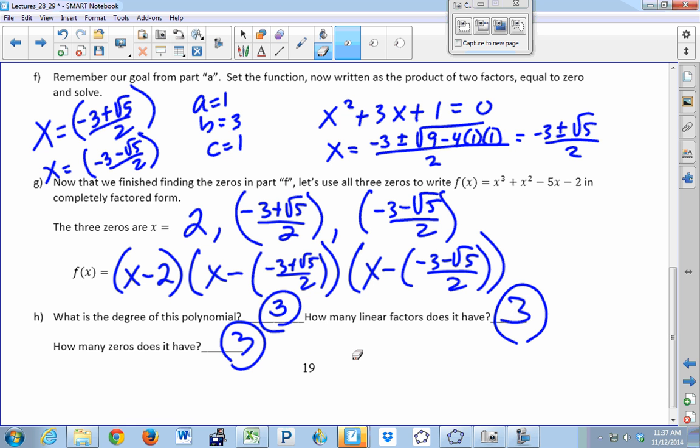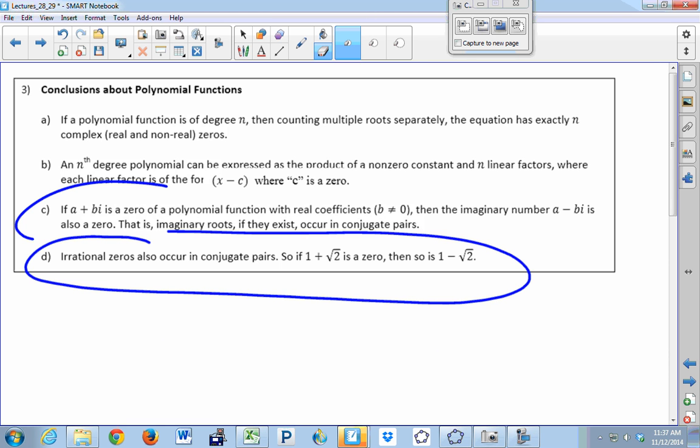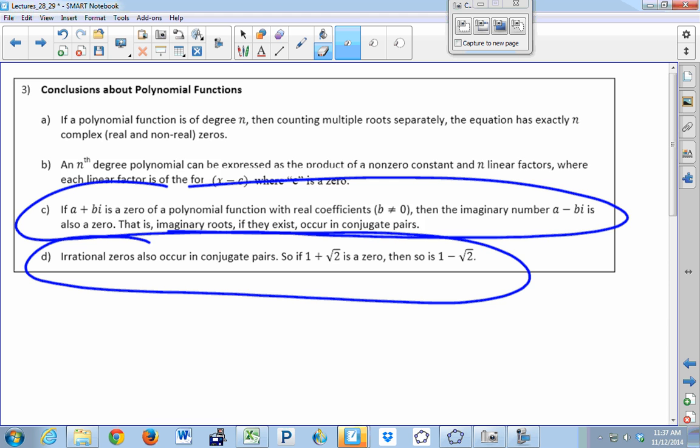So this is what we now are starting to look at. This would be an answer where all the roots are real, 1 rational and 2 irrational. What about complex roots? Read this. This is given to you, but I want you to focus on these last 2 right here.